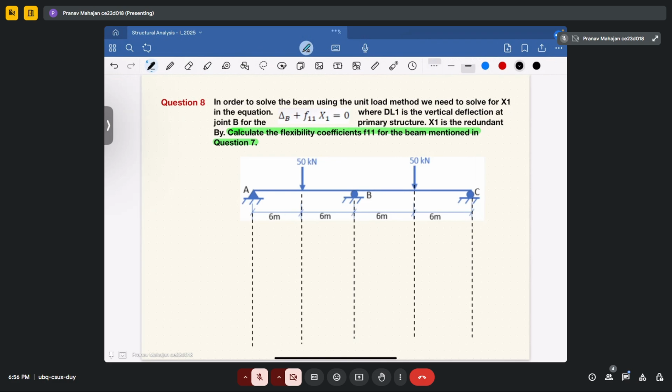Okay, so let's draw the diagram. So it will become a unit load applied at the center of the beam having a value of 1 unit.